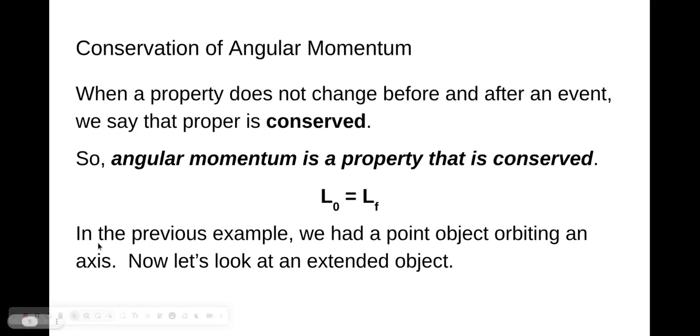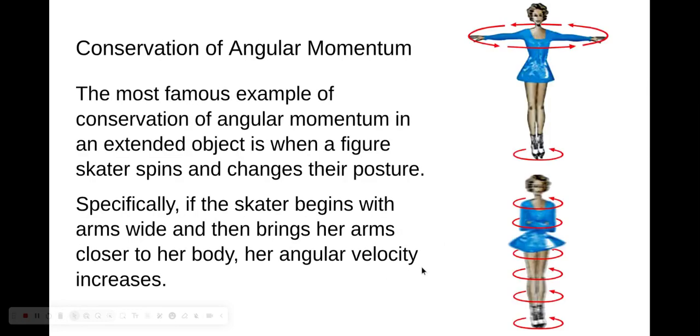Now, in the previous example we were looking at with the tetherball, that's what we call a point object rotating around an axis. Let's look at an extended object which has the axis of rotation internally. Most famous example is a conservation of angular momentum when you have a figure skater. So if the figure skater has her arms or her legs extended, her radius is very long.